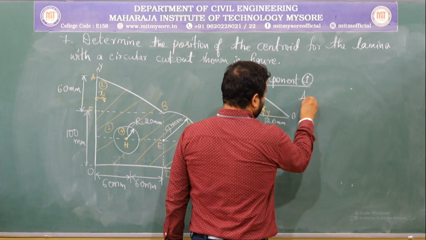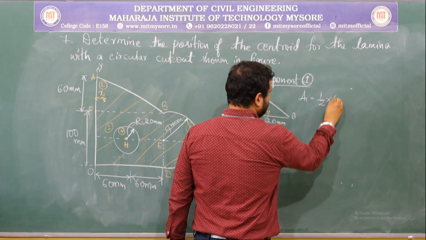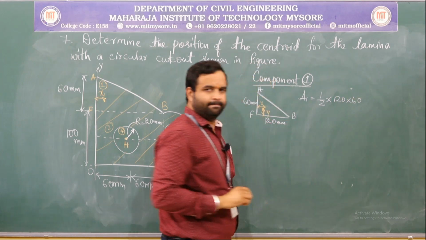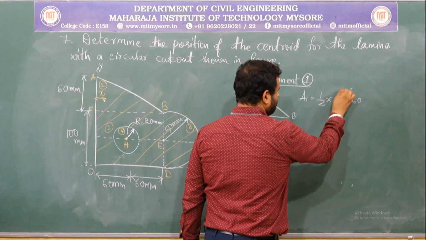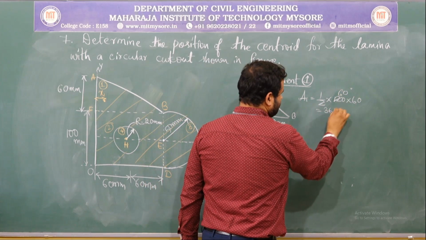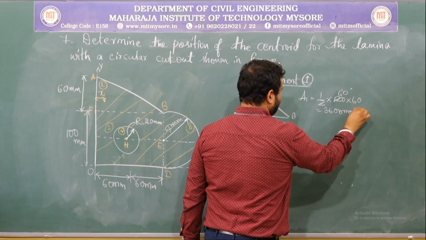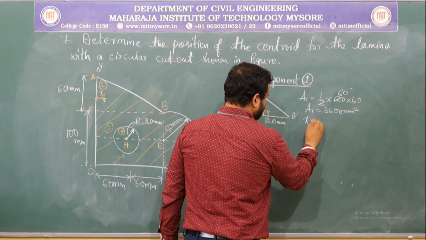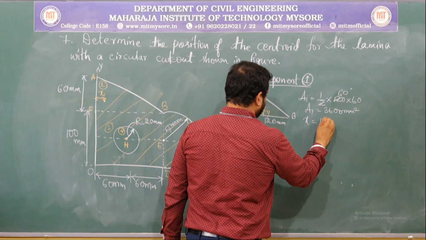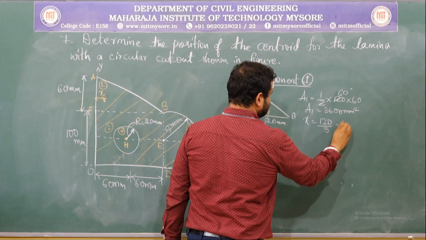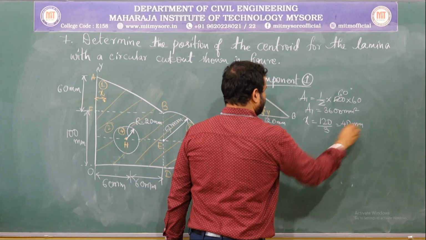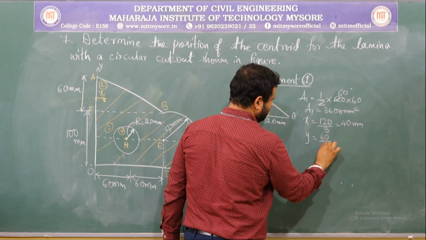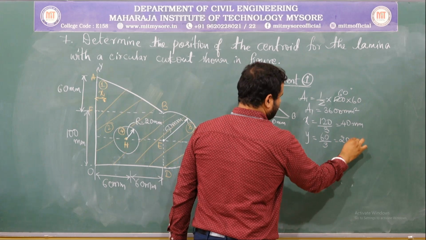So, if I write the area A1, it is half into base into height, that is equal to 3600 mm square. This is A1. Next, x component is equal to base by 3, 120 by 3, which is equal to 40 mm. Y component is equal to h by 3, 60 by 3, which is equal to 20 mm.